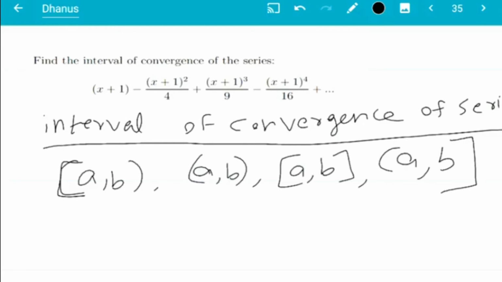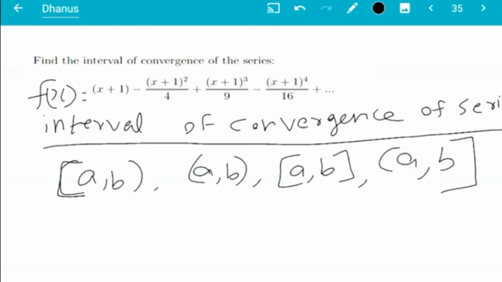I'm taking f(x) equal to (x+1) minus (x+1) square by 4 plus (x+1) cube by 9, and continuing in this way. And we have to find for what values of x this series converges.